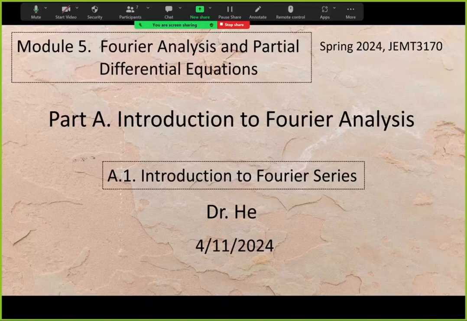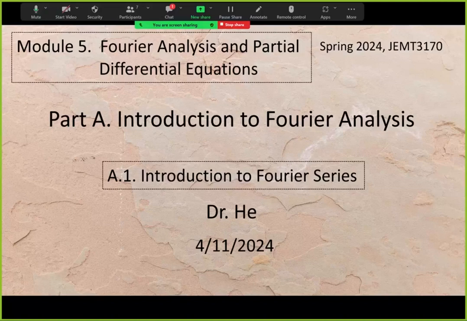The reason this part is important is that it relates to signal processing and image processing, the later part. But we need to prepare 1 or 2 lectures first, then we can go to image processing, signal processing related transforms, Fourier transforms.